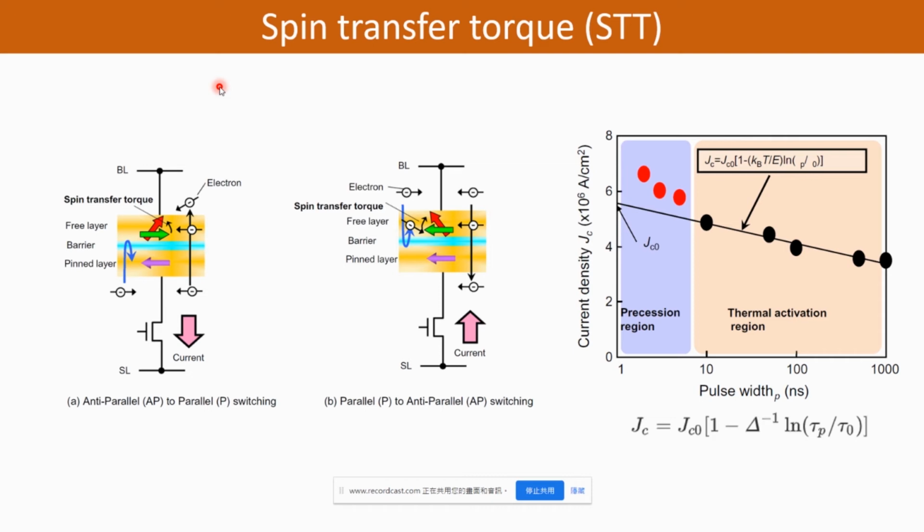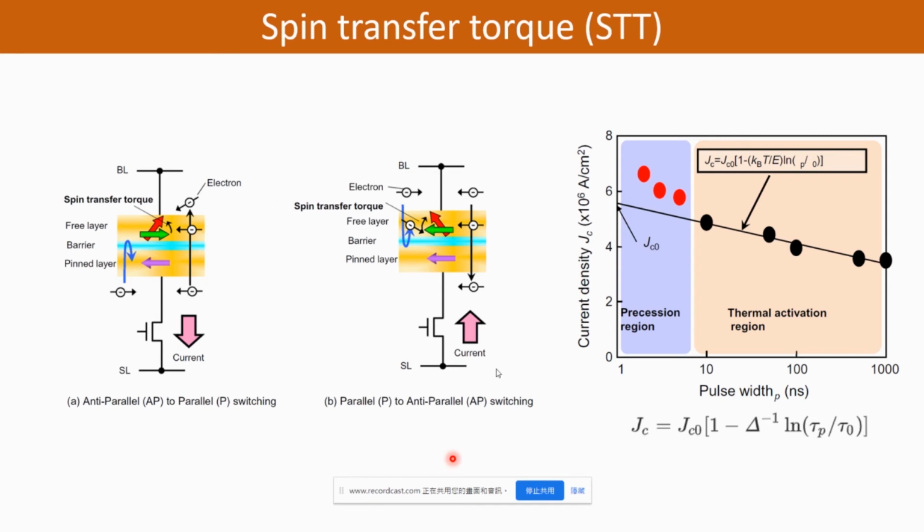After electrons pass through the pin layer, the electrons with the same spin direction as that of the magnetization in the pin layer mainly remain, and the current is spin polarized. This spin polarized current exerts STT onto the magnetization of the free layer, and when the amount of spin polarized current exceeds the threshold value, the magnetization of the free layer is switched.